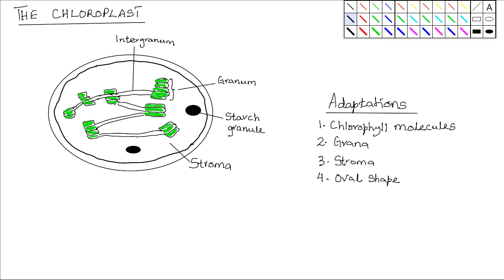So the function of the grana is to provide a large surface area upon which chlorophyll molecules are contained and thus exposed for maximum light energy absorption. Within the chloroplast, we also have an aqueous matrix, a watery medium known as the stroma.